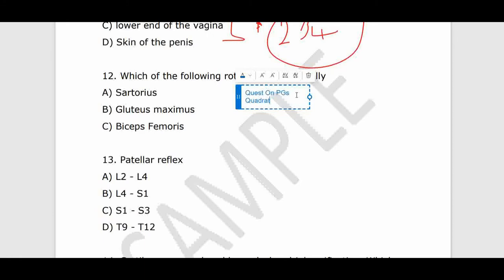And then the obturators, because you have both internus and externus. And then the P will be piriformis.